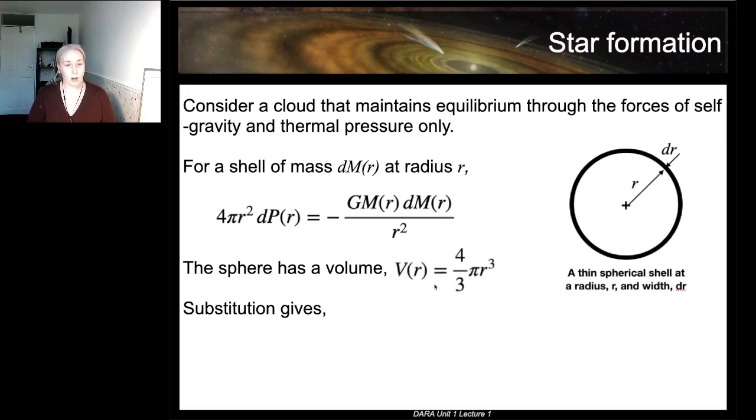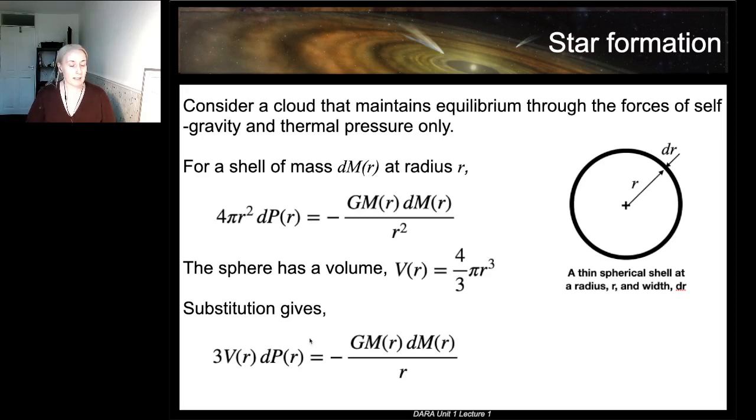The sphere has a volume, V of r, which can be written in terms of r, so 4/3 πr³. And we can substitute this into the left-hand side of this expression, and that gives us a nice differential equation relating the pressure force that's acting on this thin shell of material to the gravitational force helping to keep the shell in place, if you like.